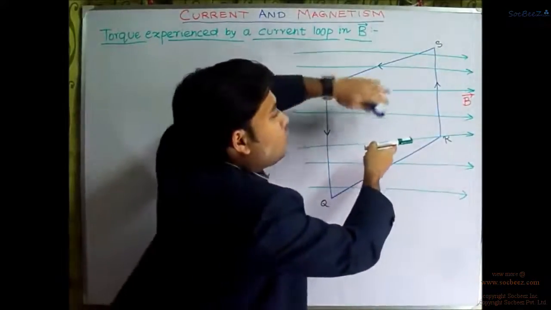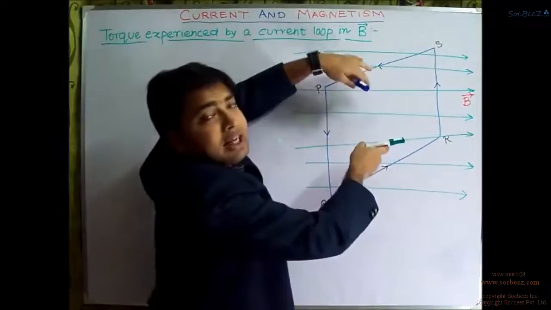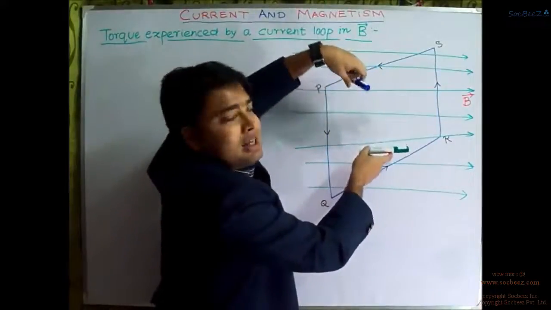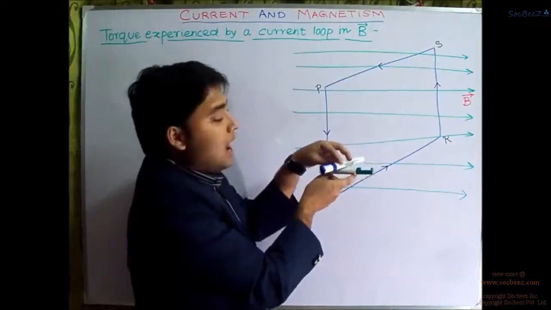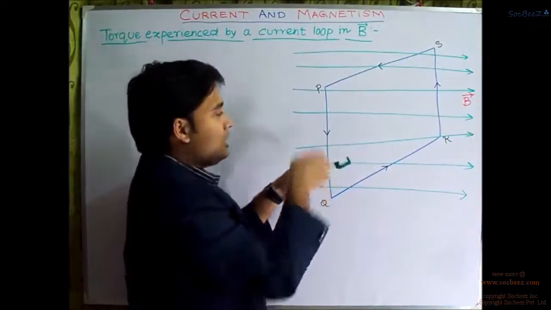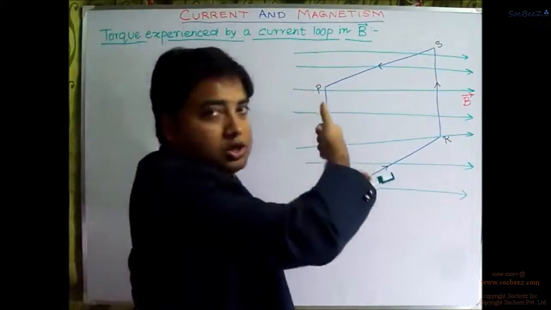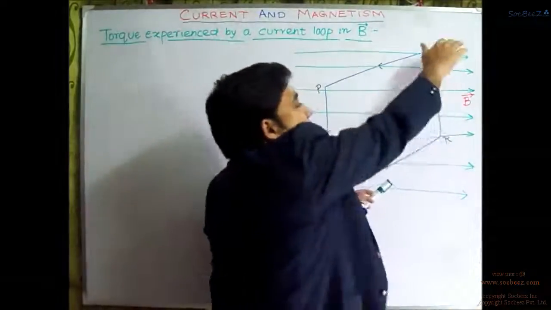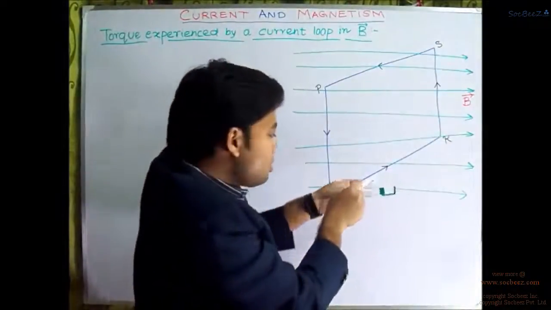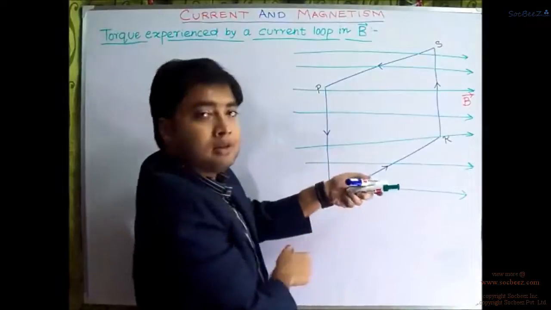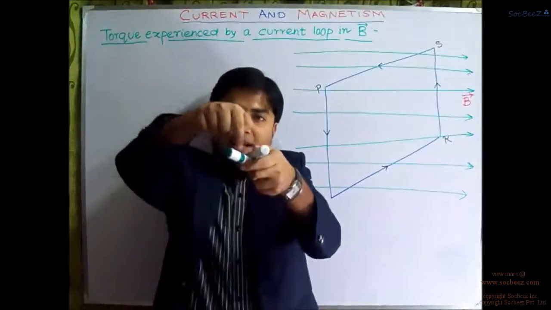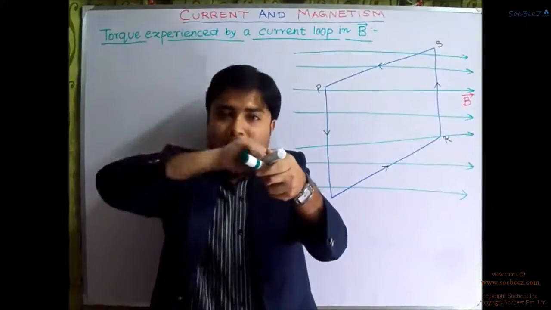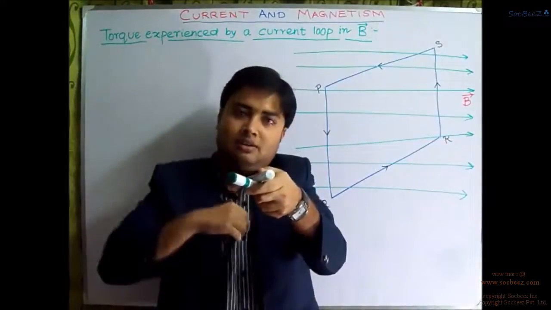And this rectangular coil, as we could see, this part is towards the reader and this part is away from the reader. So this will be like this, right? And there will be a certain angle difference between this B and this one.